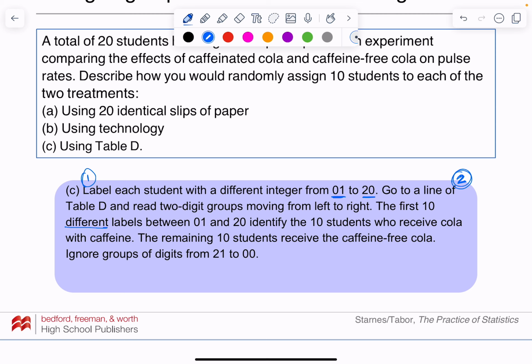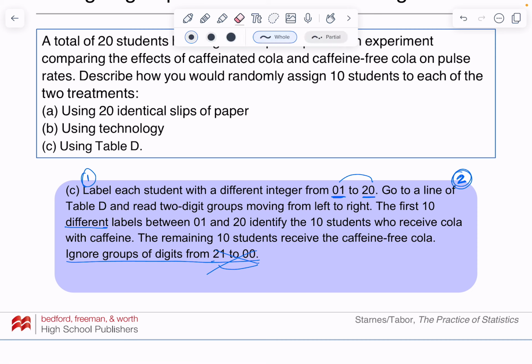So this right here, by the way, when it says ignore the groups of digits from 21 to 00, that's kind of like what we did in the hotels example, right? We had up to 28 hotels, so we ignored numbers 84 and 40 and 92 or whatever numbers we had. You ignore the numbers that are not within your data. So we only had from 1 to 20. So everything else, we just ignored those numbers.